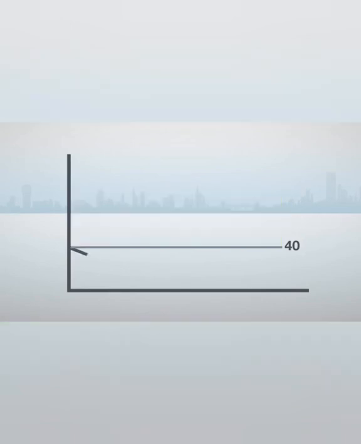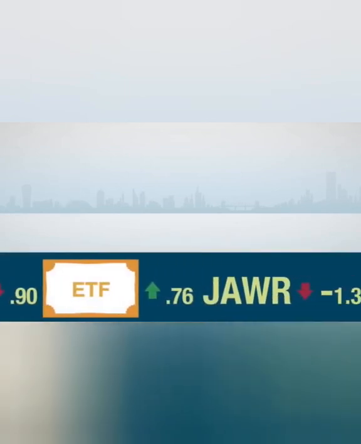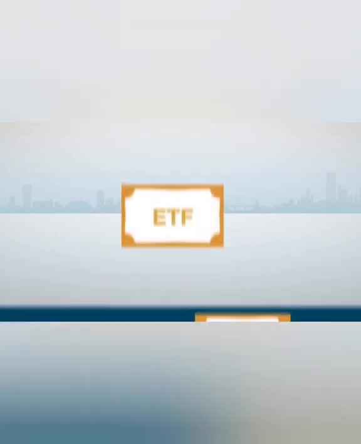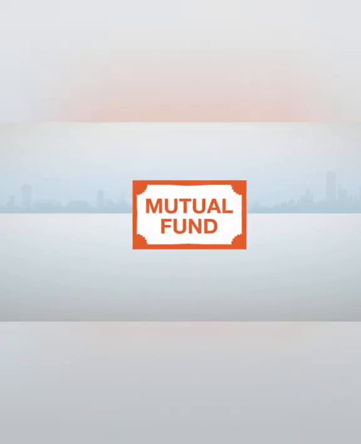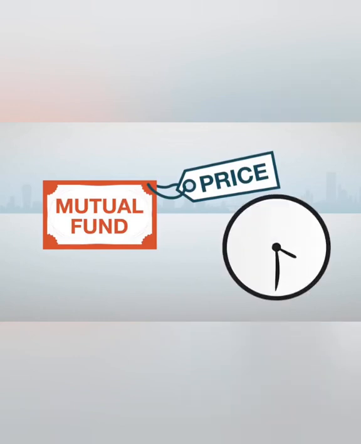Of course, if the ETF's price dropped, our investor would have lost money if the position was sold at the lower price. Because many ETFs are traded on a stock exchange, they can be bought and sold throughout the day. However, not all ETFs are widely traded, which can cause difficulty when trying to fill orders. Now, compare this to a mutual fund. Most mutual funds are only priced and traded at the end of the day.